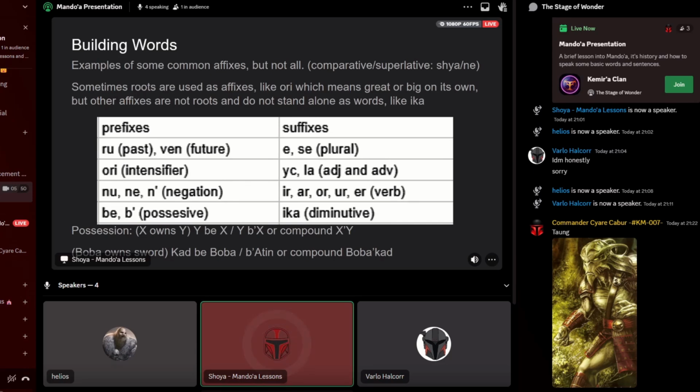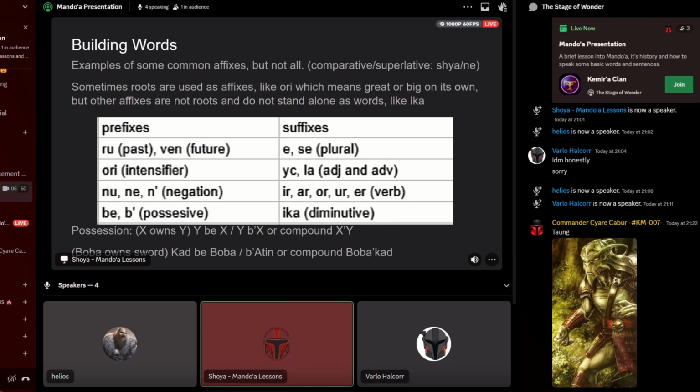For example, at the bottom here, this is the possessive form in Mando'a. So Boba owns the sword. So it's kad be Boba. Be is a word by itself. It means of. So kad be Boba is sword of Boba. And if it started with an A, like atin, then you would say kad batin. You just put them together, or you could say ba'atin if you wanted to, but I say batin.